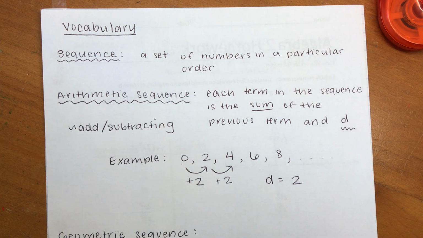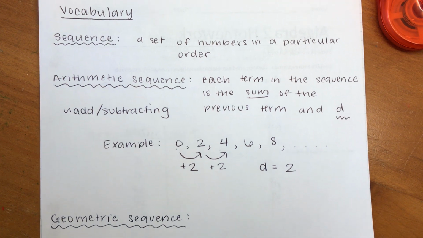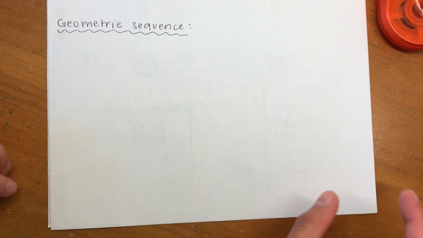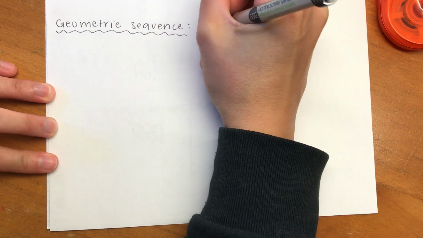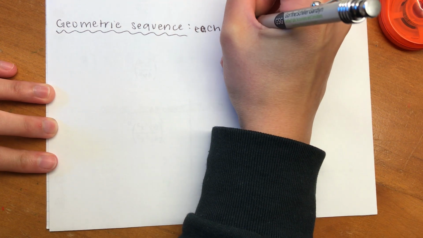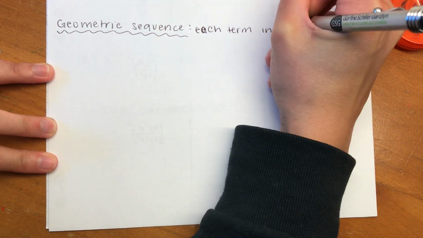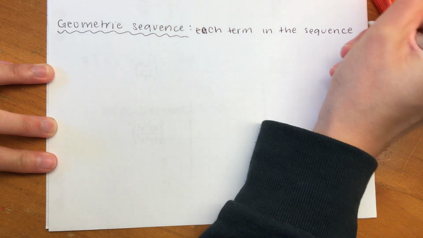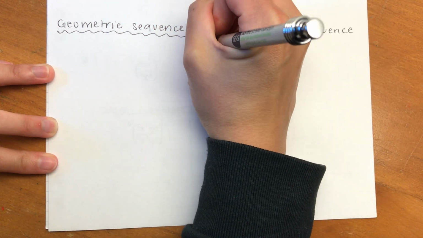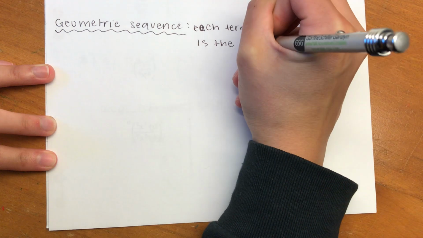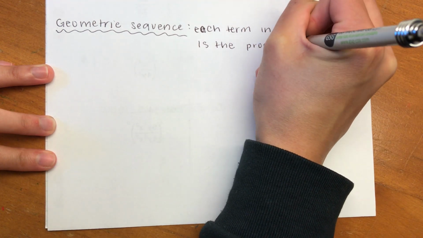All right. Our next definition for today is a geometric sequence. So a geometric sequence, similar to an arithmetic sequence, but one key difference. So we have each term in the sequence is the, now not sum this time, it's going to be the product.